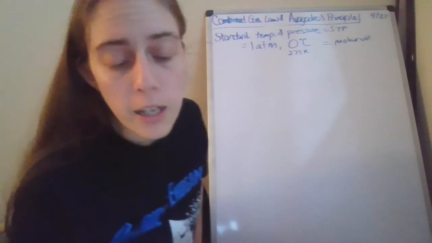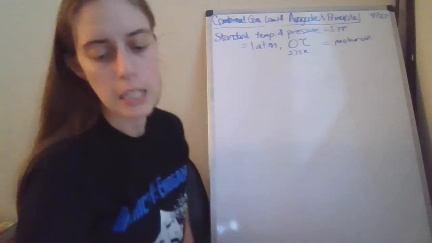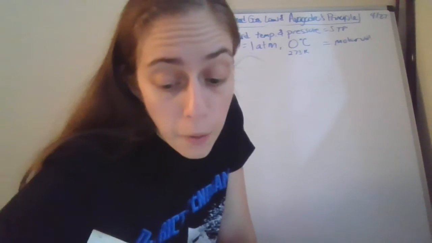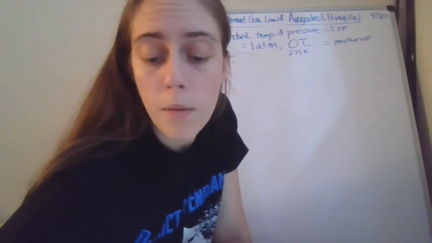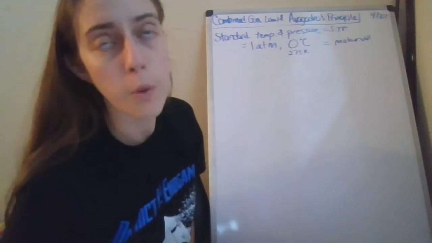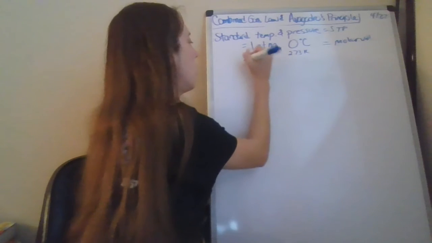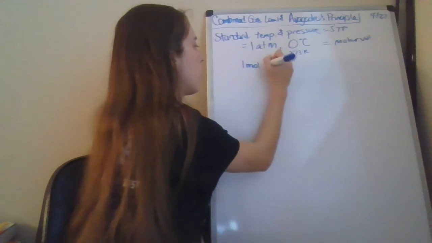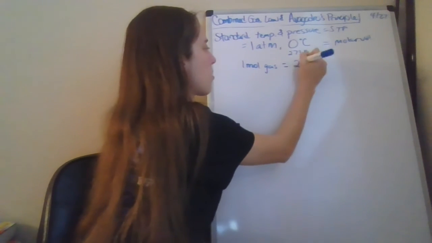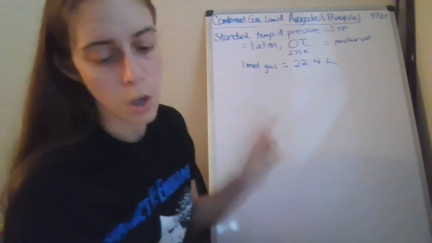Okay, so whenever anything says it's standard temperature and pressure, it means 1 atmosphere, 0 degrees Celsius. All right. Now, Avogadro showed experimentally that 1 mole of any gas is going to occupy a volume of 22.4 liters. Okay, so it's also 1 mole of gas equals 22.4 liters. Always, you're going to need to know this.